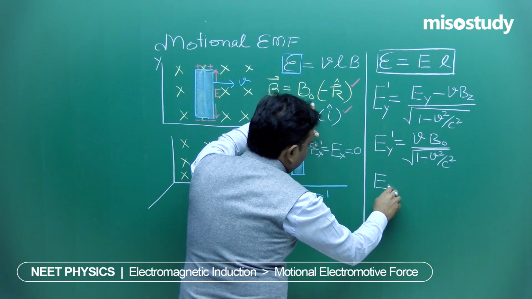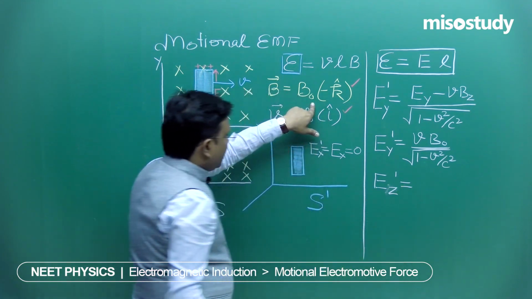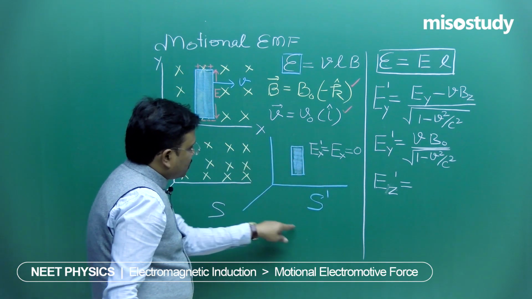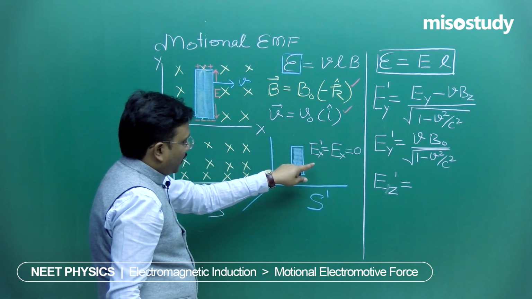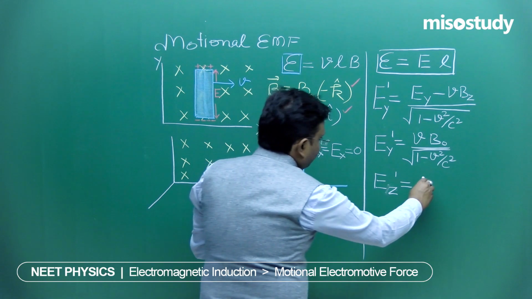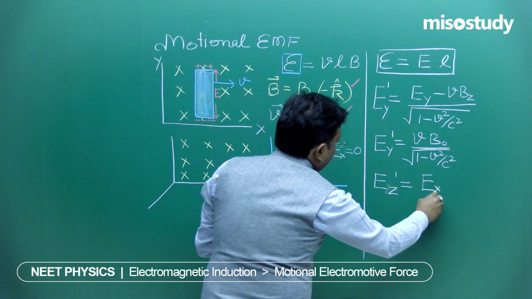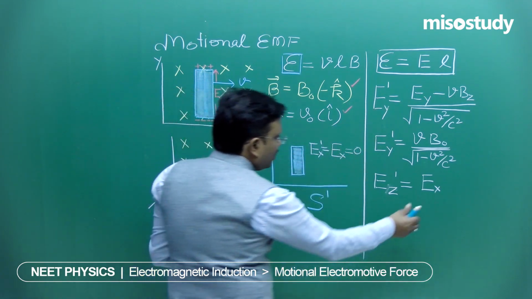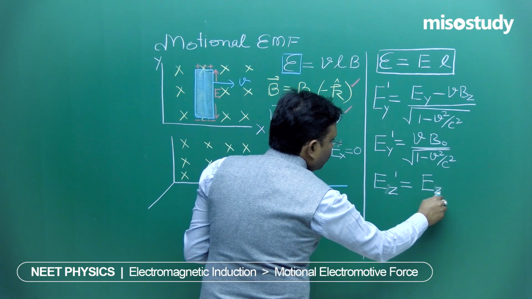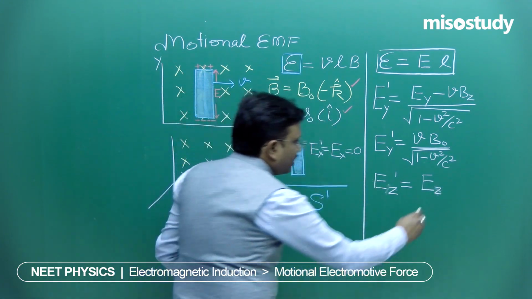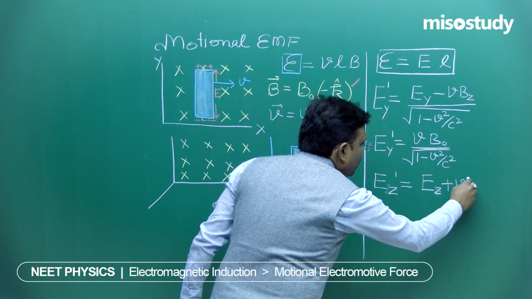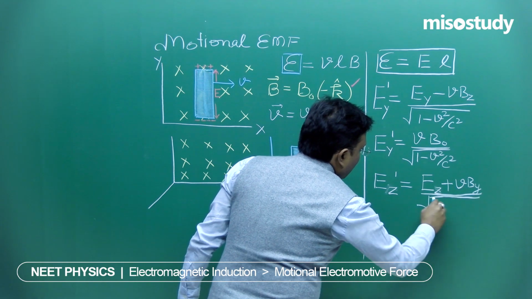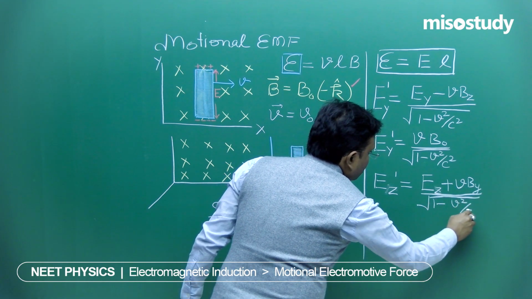Then I will write down Ez prime. Now Ez prime means the value of the z component of electric field associated in this reference frame. So it is going to be Ez, as usual the way I am writing Ex, Ey and so on. So Ez prime is equal to Ez plus V By upon under root 1 minus V square over C square.